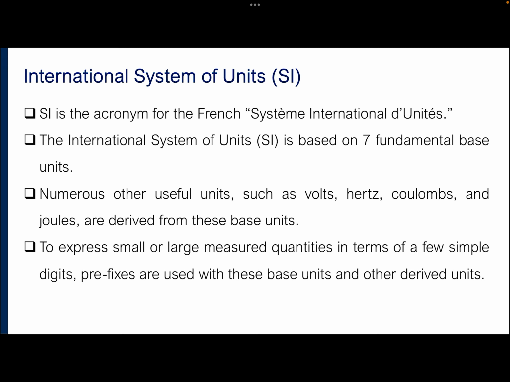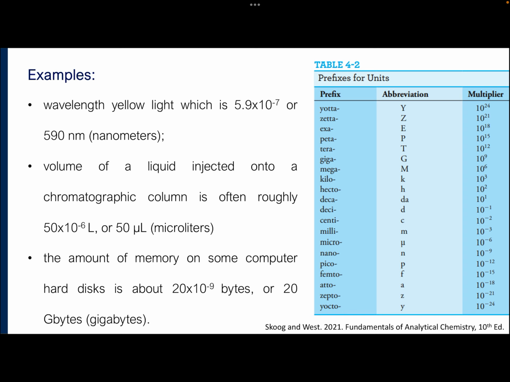And then numerous other useful units such as volts, hertz, coulombs, and joules are derived from these base units. So to express very large or very small measured quantities, we will use prefixes. So here we have different prefixes.